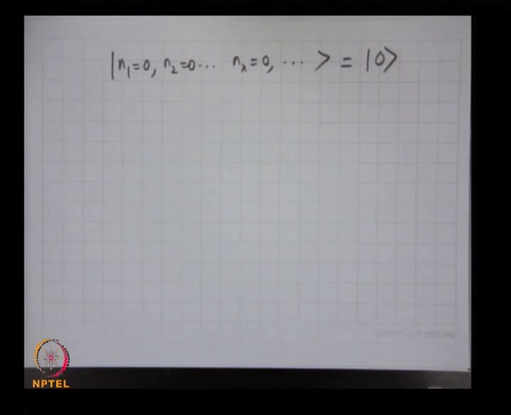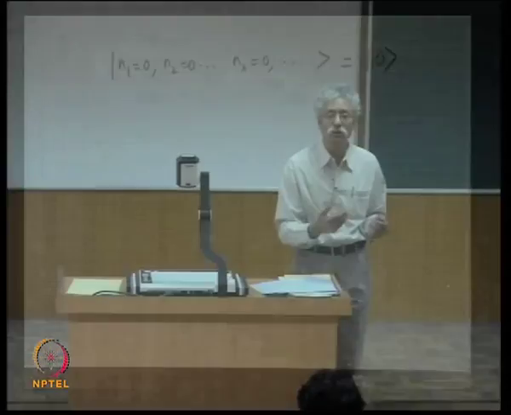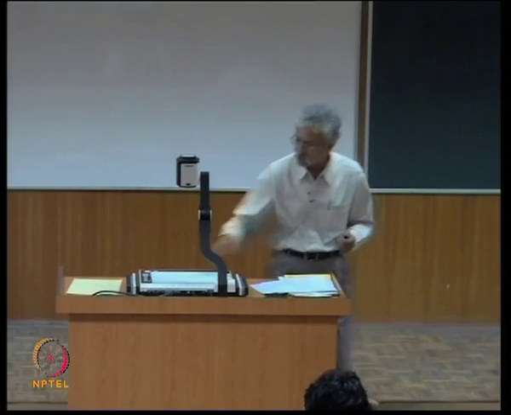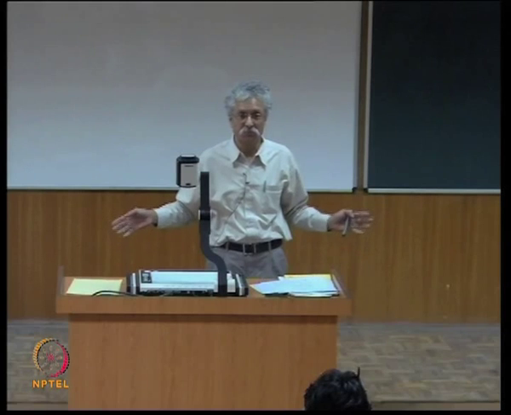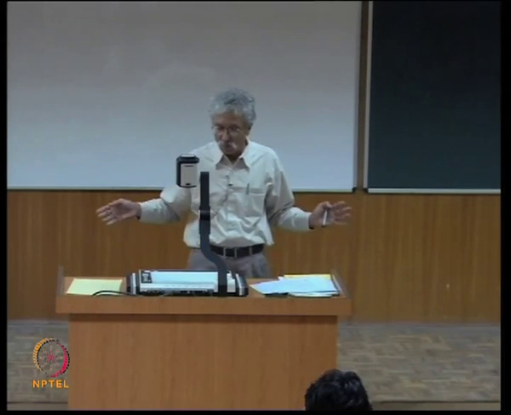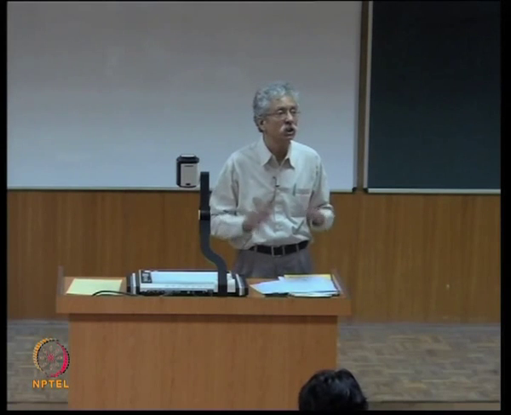It's like the 0 ket for the harmonic oscillator, where the excitation state was the ground state of the harmonic oscillator. So this is the ground state of the total electromagnetic field, where all the modes are in the lowest energy state that is possible.